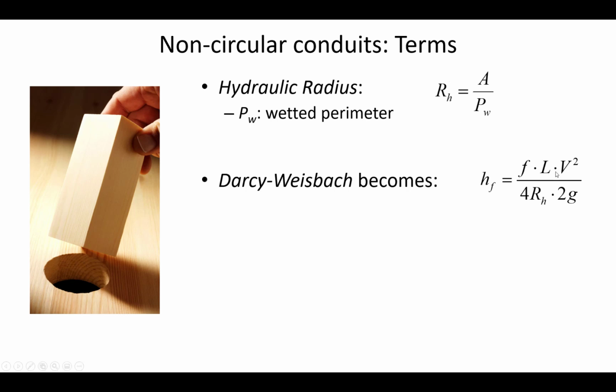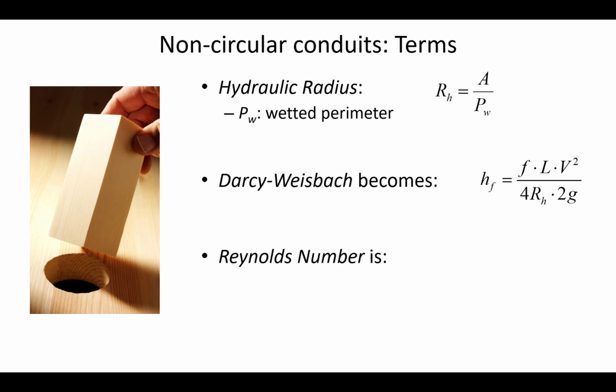You'll just notice that here, where diameter would ordinarily go, we just make the substitution of the hydraulic radius times 4. And so Reynolds number is a similar thing. Normally, Reynolds number is velocity times diameter divided by kinematic viscosity.